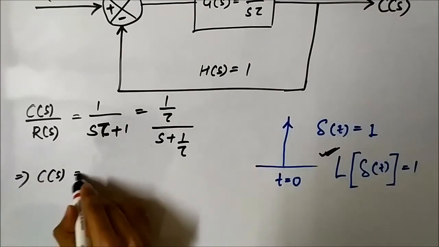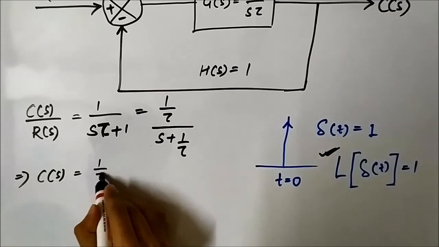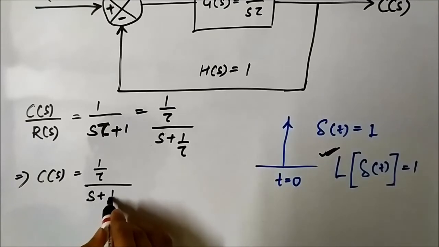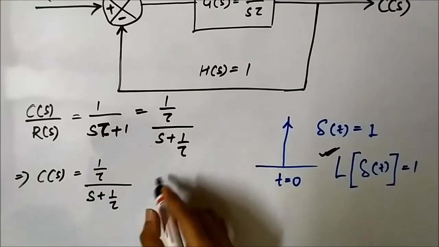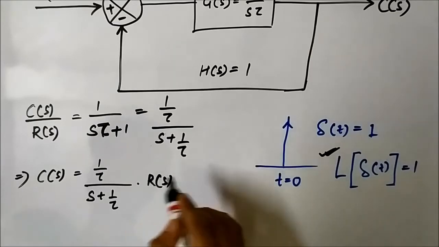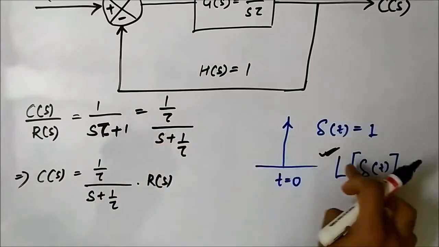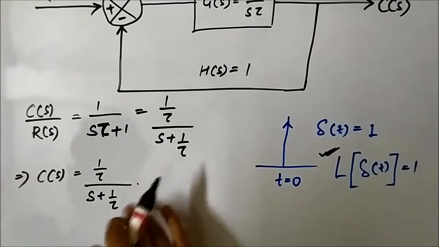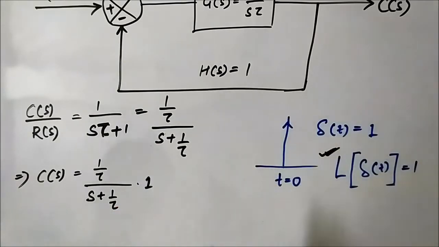So C(s) is equal to (1/τ)/(s + 1/τ) times R(s), which is equal to 1, because the Laplace transform of unit impulse input is equal to 1. So we'll write here 1.